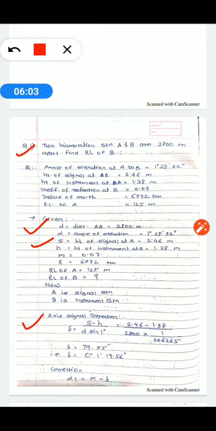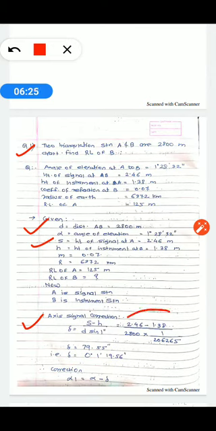Now according to the problem, we have all the values. Put the value of S, that is 2.46, then put the value of small h, which is given as 1.38. Then D is also given, that is 2800 meter, and sine of 1 second is 1 upon 206265.